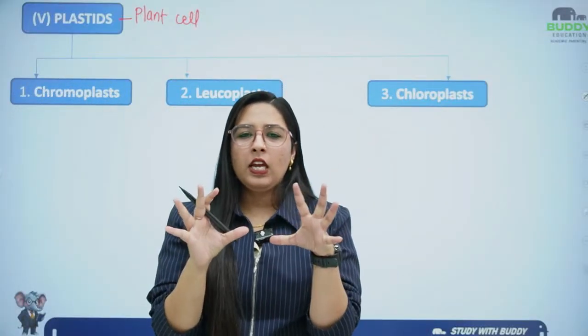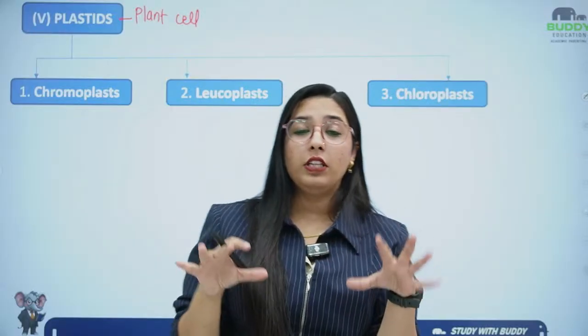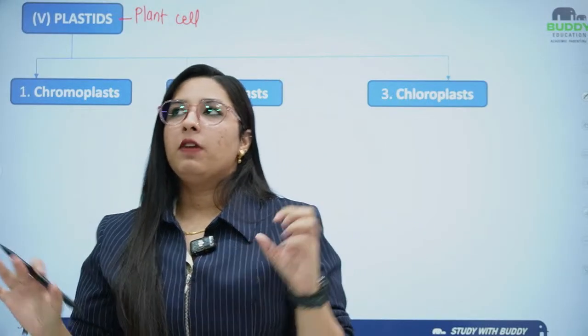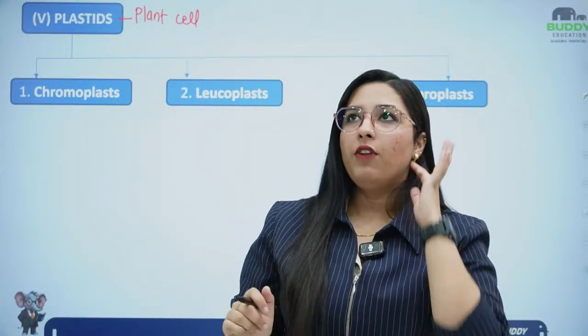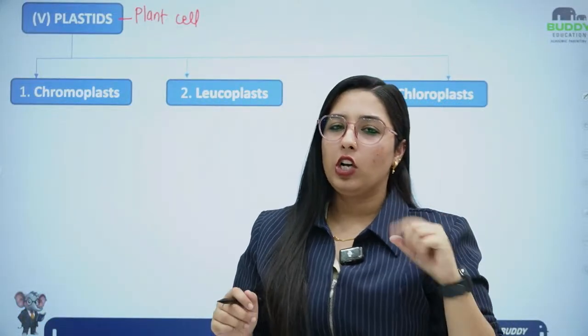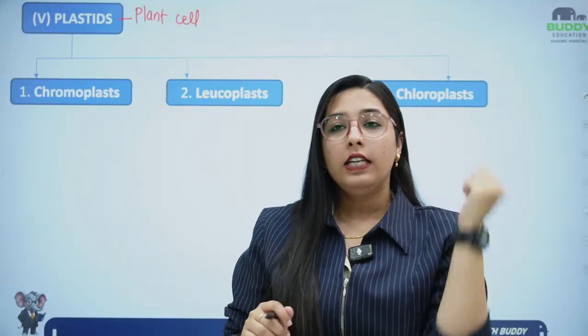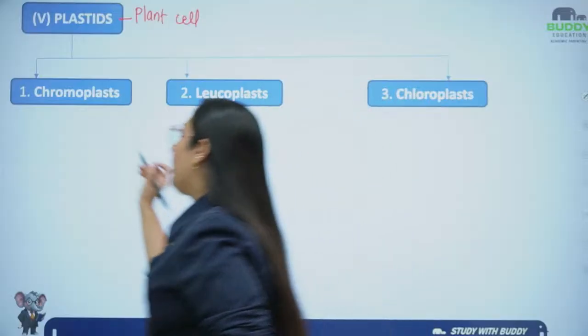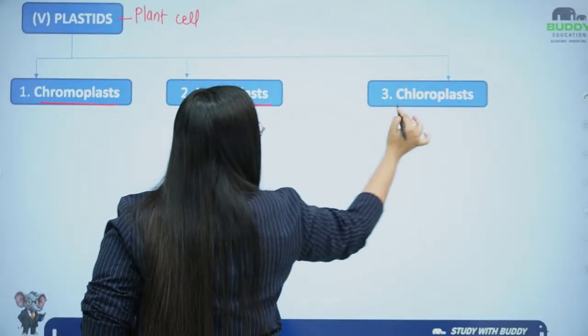The main role in the plant cell is performed by plastids. Plastids are basically responsible for multiple functions. Why am I saying multifunction? Because we have three types of plastids performing different functions. The three types of plastids are chromoplast, leucoplast and chloroplast.